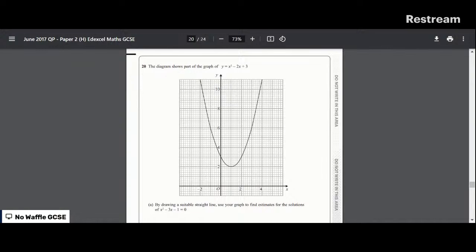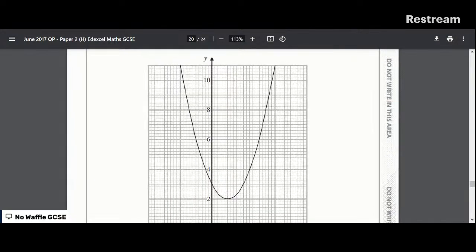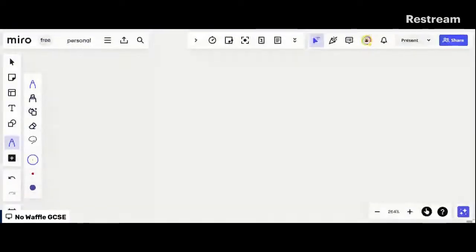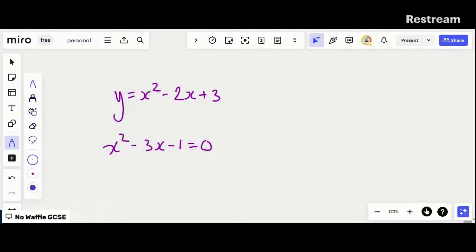It didn't. Perfect. So using our knowledge here, the quadratic that we are given is y is equal to x squared minus 2x plus 3. And then we're trying to solve it by drawing a line, x squared minus 3x minus 1 equals 0. So you can see that it's different, but how does it differ?